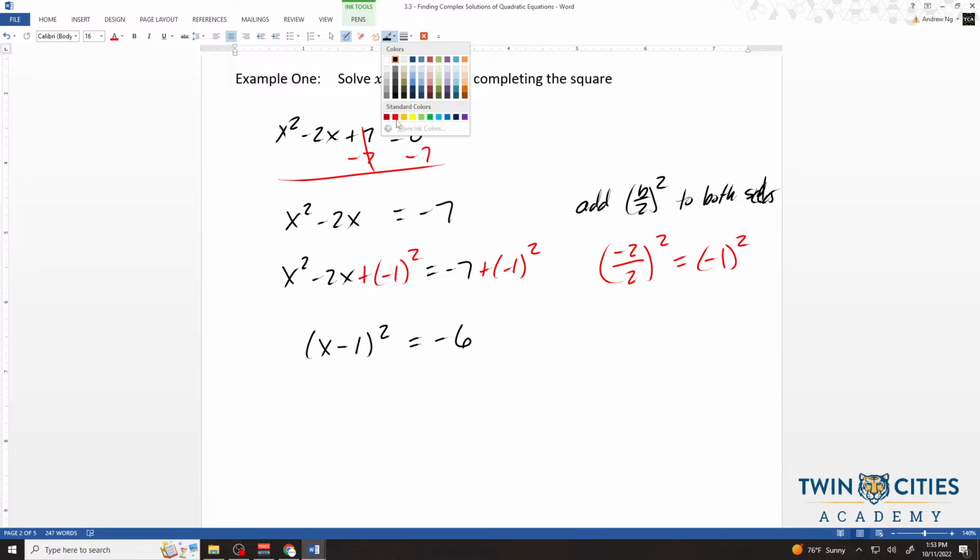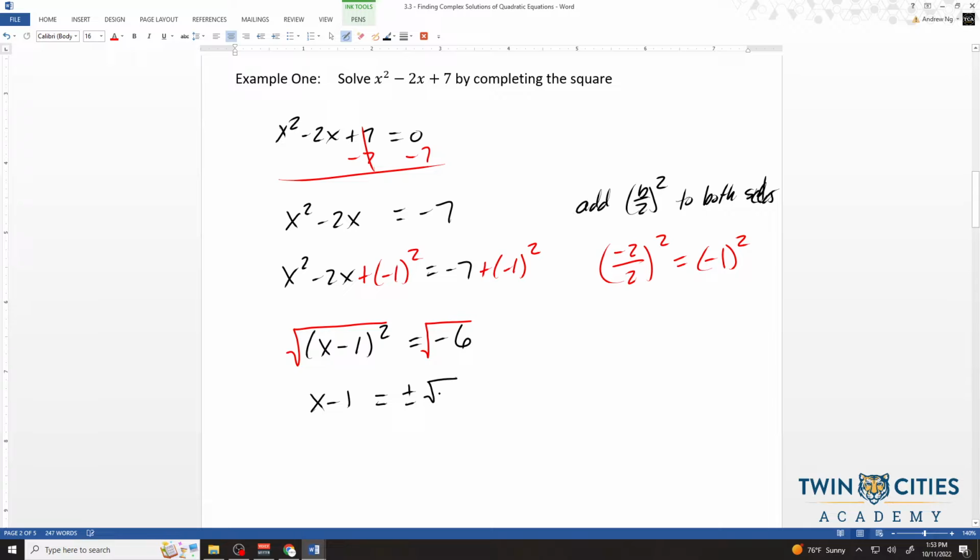All right, now take the square root of both sides. Square root and the square, these two will undo each other, leaving just x minus 1 is equal to plus or minus the square root of negative 6. So I'm going to break this up into the square root of negative 1 times the square root of positive 6.